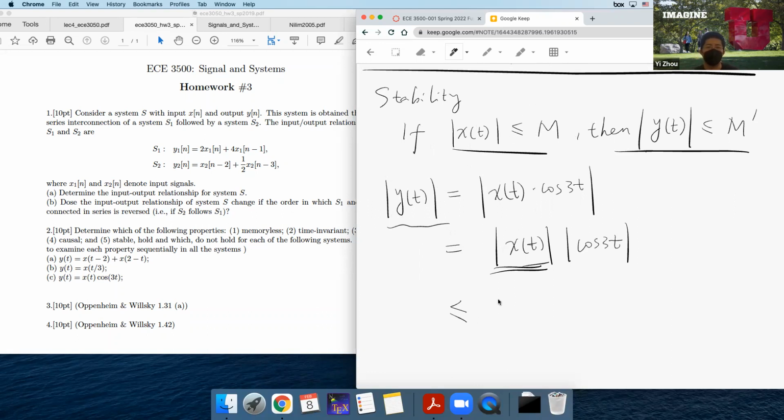So we can say that it's bounded by M times the magnitude of cosine 3t. The question is, is this part universally bounded by a constant? It's a cosine signal, so we know the amplitude for cosine is at most 1, so we can conclude that this is bounded by M. That shows that if the input is bounded by M, the output is also bounded by M, which means it's stable. So that is the proof logic for verifying the stability of a system.